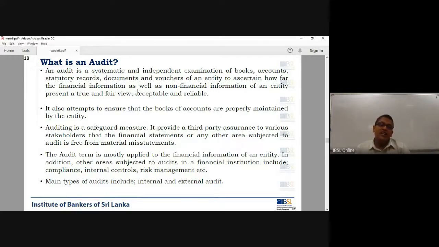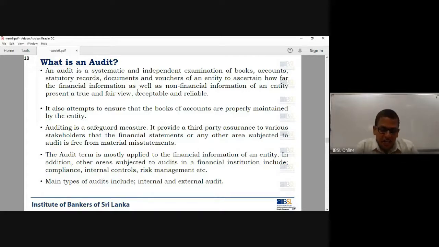The other one is that auditing is a safeguard measure. It provides a third-party assurance to various stakeholders that the financial statements, or any other area subjected to audit, are free from material misstatements. Actually, the auditors are giving a third-party or independent assurance to various stakeholders of the company.